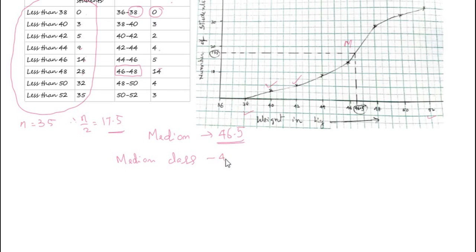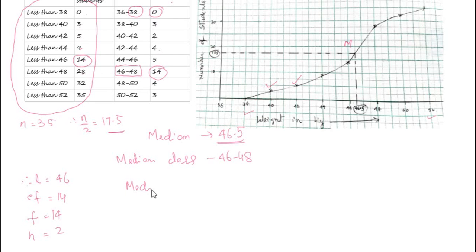Median class is 46 to 48. Therefore L is 46. CF, the cumulative frequency of the class preceding the median class, is 14. The frequency of the median class, F, is also 14 and H equals 2.